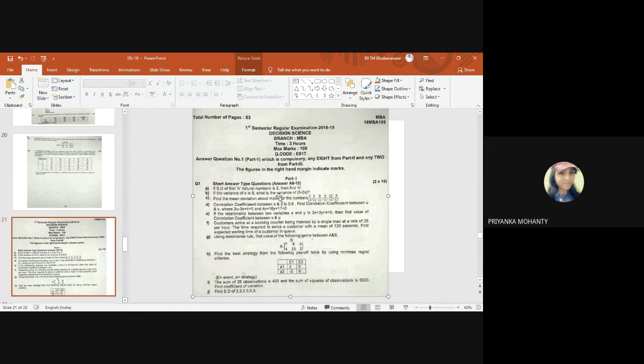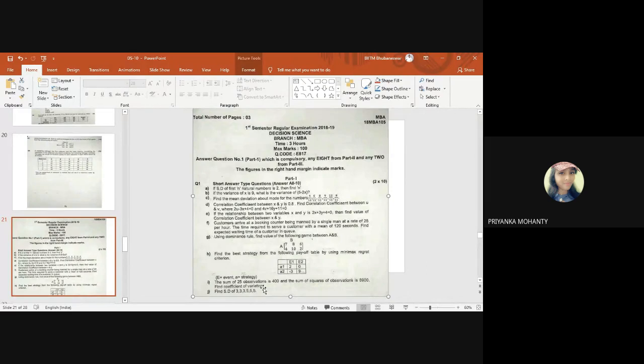If I ask in the mean deviation, and the variance of x is 9, what is the variance of minus 2x? And here is another question of 20 observations and the coefficient of variance.